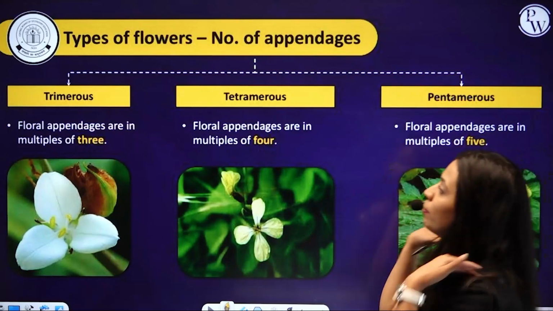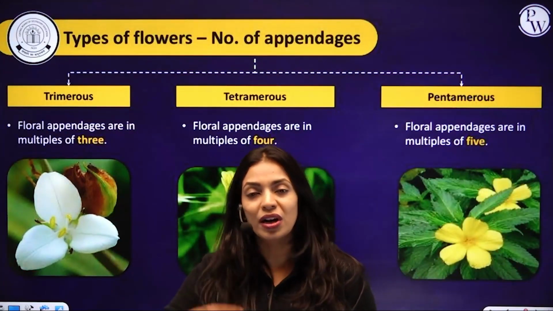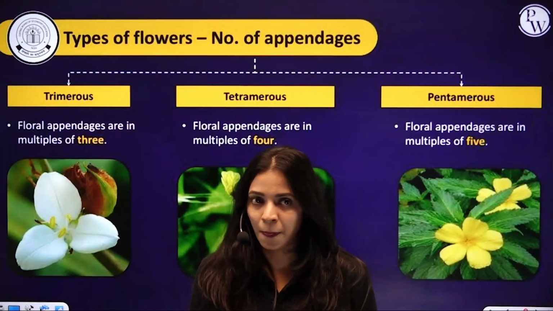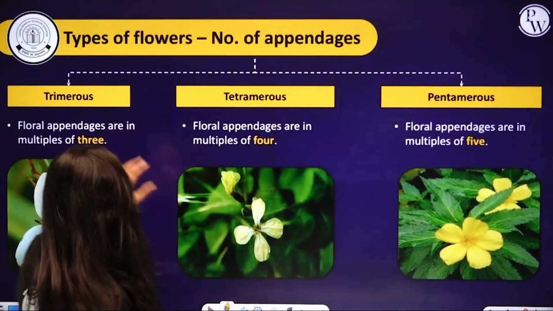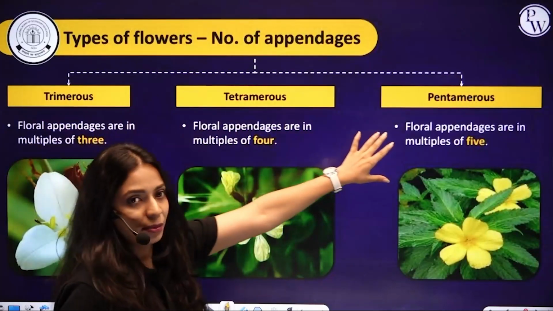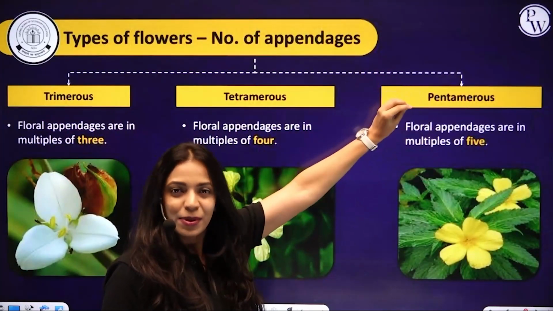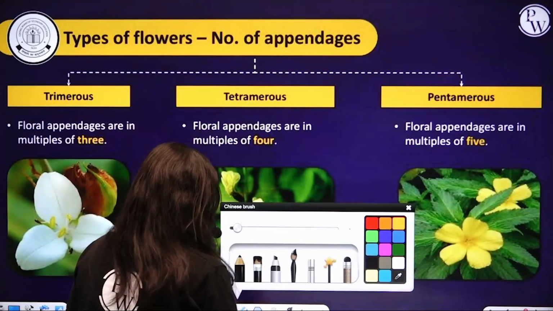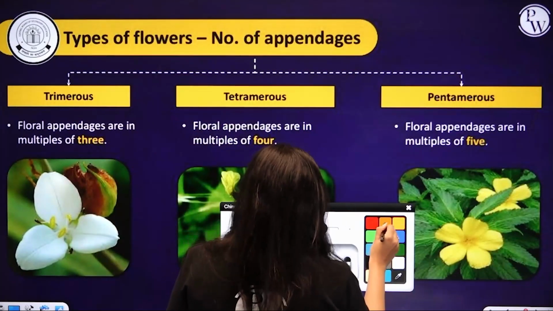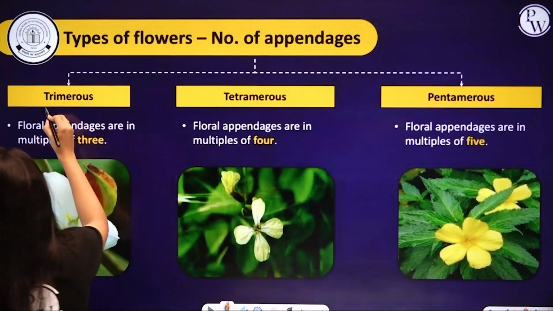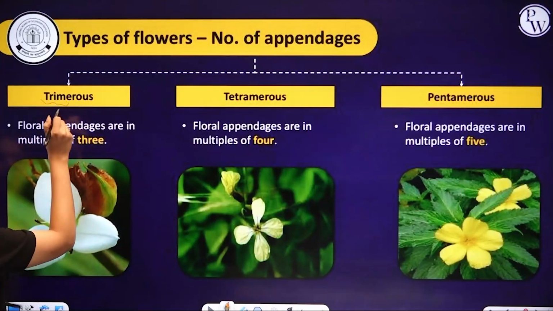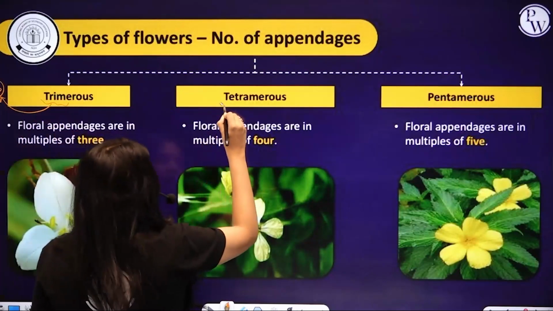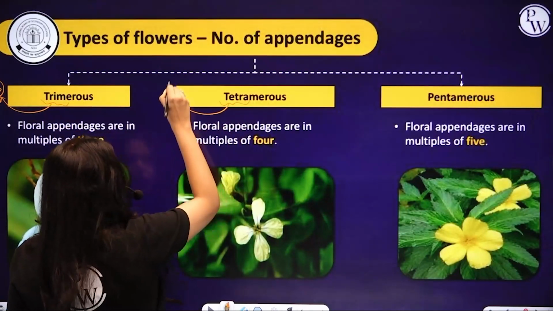Now, based on the number of floral appendages that are present, we can classify flowers. Flowers can either be trimerous, tetramerous or pentamerous. Again, the name itself indicates how this classification is made. The word tri means three. Tetra refers to four.